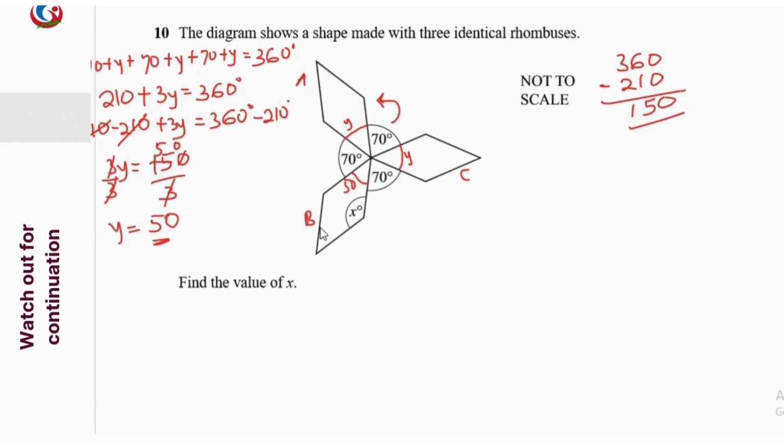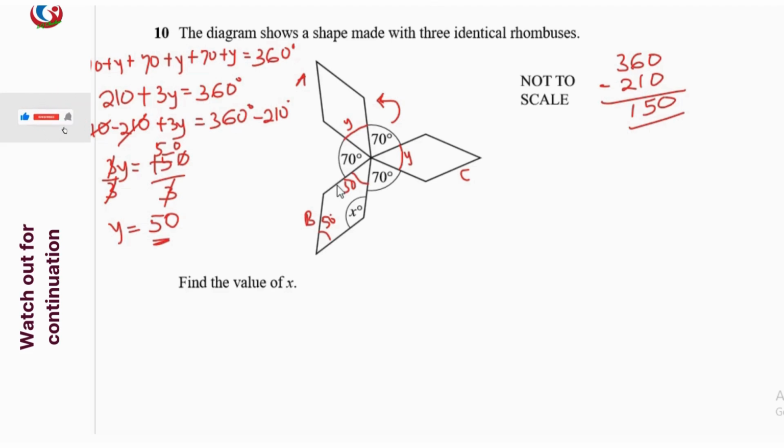Okay, now in this rhombus, the opposite angles are equal. So this angle here, opposite to 50, is also 50 degrees. And the angle here, opposite to x, is also x degrees. Okay, so let me try to make that more visible.